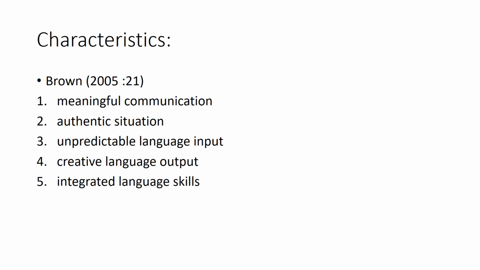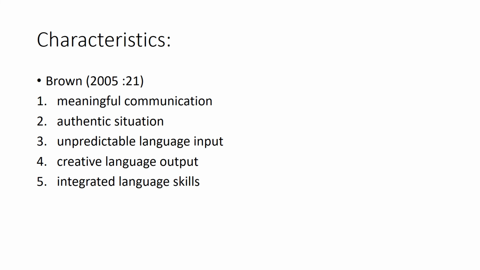So why is the input unpredictable? Because usually in real life situations, when we communicate with each other in any form of communication, whether it is spoken or written, we cannot predict what the other people are going to say. This is a natural way of how people communicate with each other in real life situations.